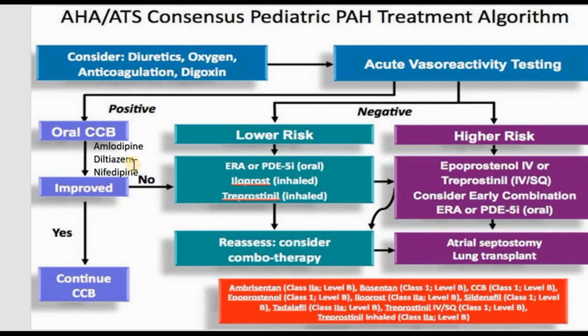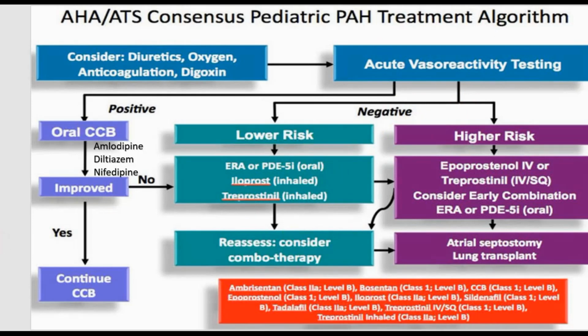That means they can be treated with oral calcium channel blockers. These are vasodilators. It helps to dilate the pulmonary arteries and decreases the blood pressure. Examples of calcium channel blockers include amlodipine, diltiazem, and nifedipine. If that is effective, continue the treatment. If not, or if the acute vasoreactivity test is negative, the patient may need advanced medicine.